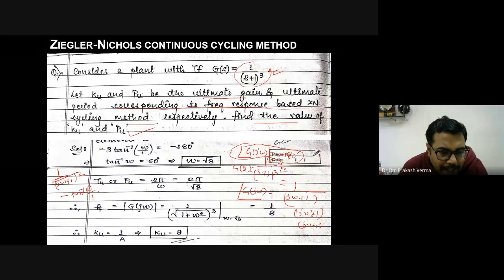Minus one more tan inverse omega. Let's say it's a triple, so how many times is there? 3 times, so it becomes minus 3 tan inverse omega by 1, and we have said the angle should be equal to minus 180 degree, so we have put it equal to minus 180 degree. Calculated the omega as equals to √3.